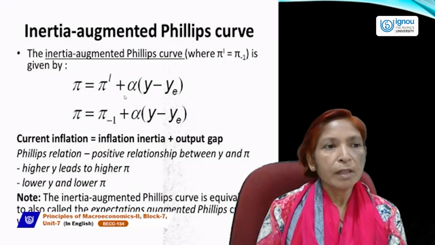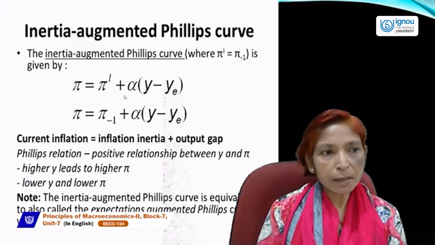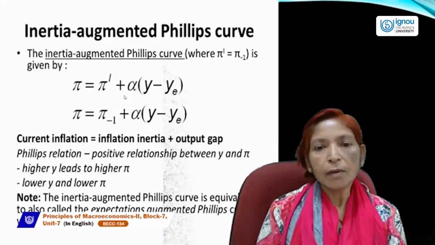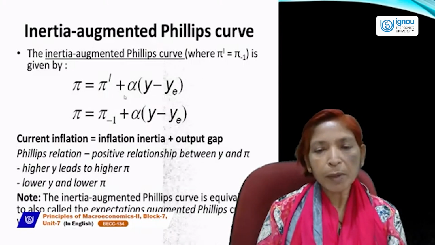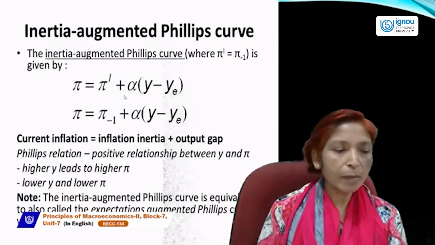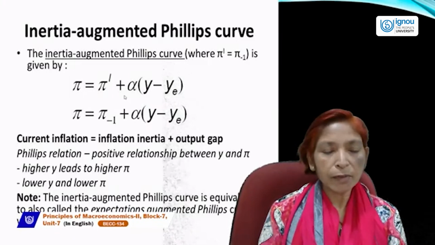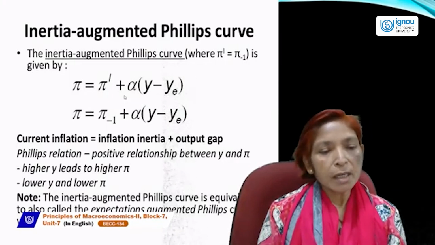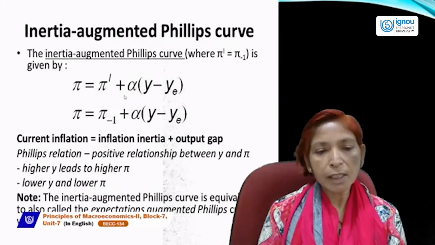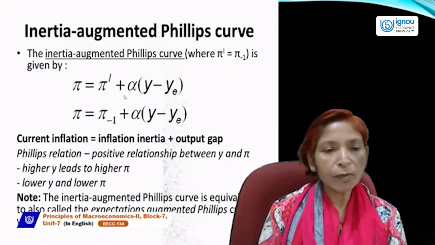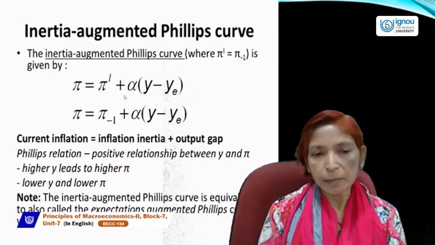Next is the inertia augmented Phillips curve. Here current inflation is equal to, what is pi? Pi is current inflation. We can show with the help of this pi sign, equals inflation inertia plus output gap. Output gap we can show with the help of this y minus ye.